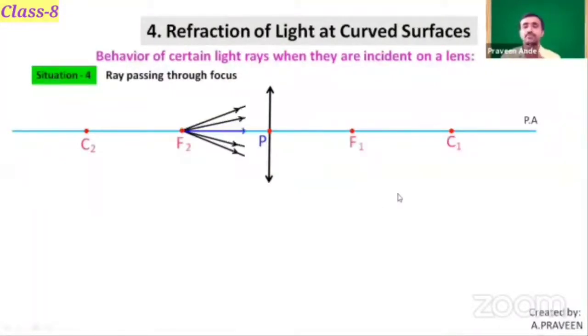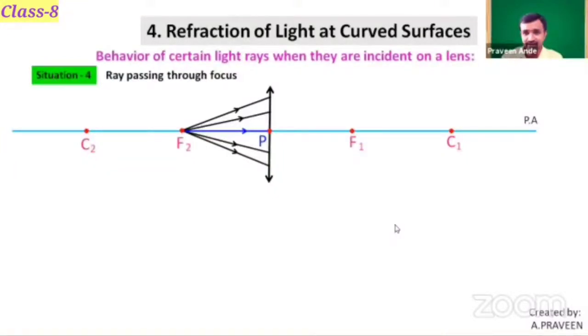Look at them. What happens after refraction? Is there any hint for you in the diagram? That means the situations we have discussed previously, situations 1, 2, 3. Can I use any of them?